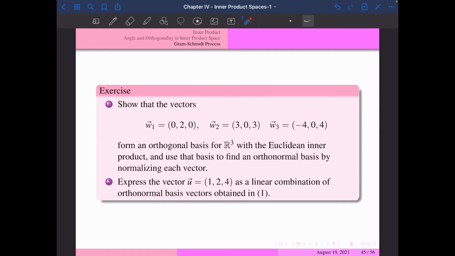Question number 1 is very easy. How do we check that the set W1, W2, and W3 is an orthogonal basis? You need to check that the set W1, W2, and W3 is orthogonal.